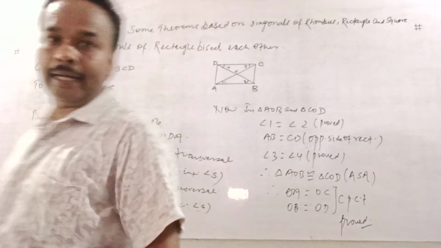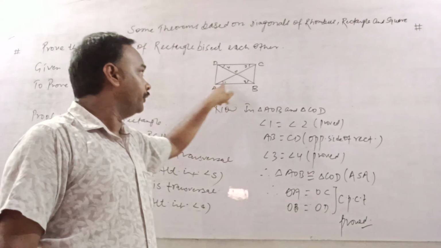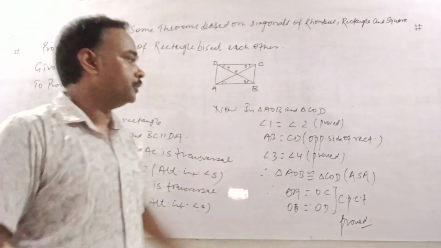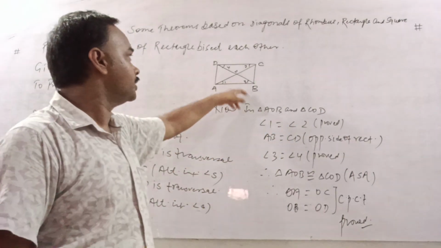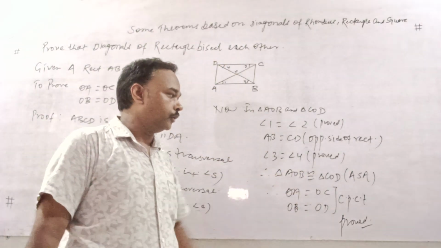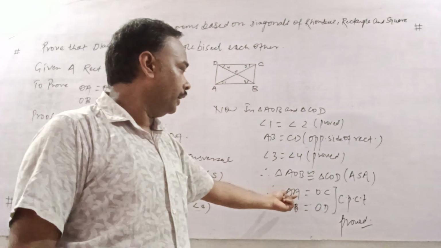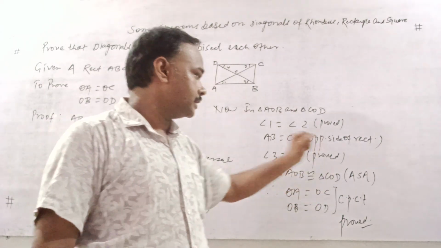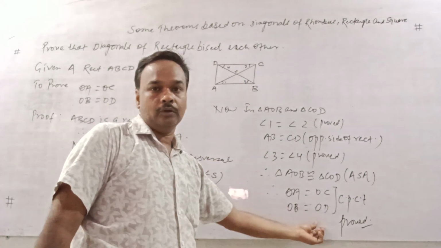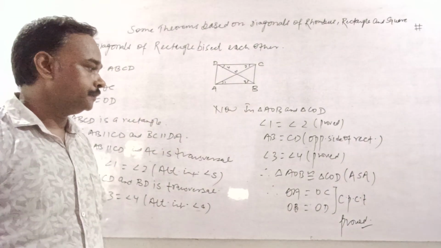And for proving two triangles to be congruent, we must have three conditions, and here they are: angle 1 is equal to angle 2, alternate angles; AB is equal to CD, opposite sides of a rectangle; and angle 3 is equal to angle 4, again alternate angles. Therefore, triangle AOB will be congruent to triangle COD by ASA criteria, and therefore side OA and side OC will be equal, and again side OB and side OD will be equal. So this is the proof of this theorem.